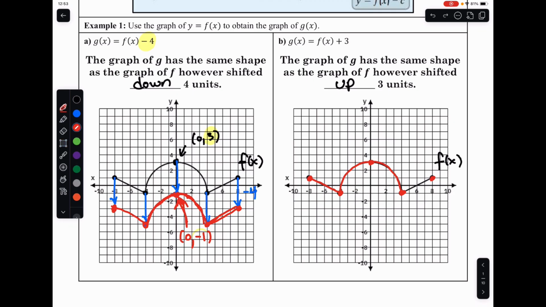Oh, hold on. I did not connect this last part right here. Okay, so let's move it all 3 units. 1, 2, 3.